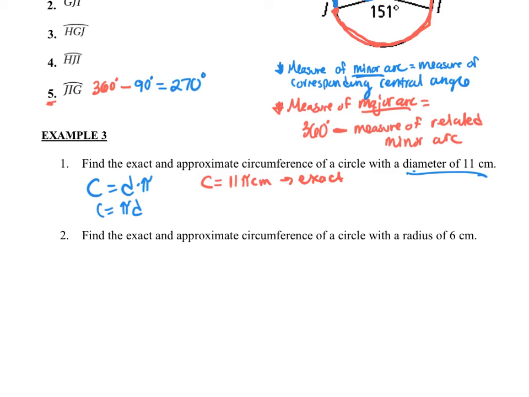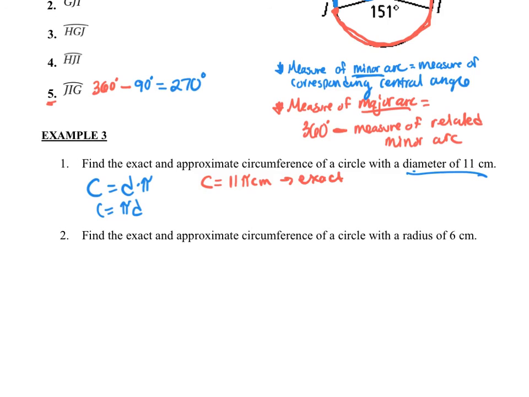And if we want the approximate, that just means we're going to type pi in our calculator. And so to do that, I can show you my calculator. Here we go. So we want to do 11 pi, so we type 11, and then the pi button is right there. If you hit the second little caret, pi will pop up, you hit enter, and this decimal approximation will give you the approximate answer.